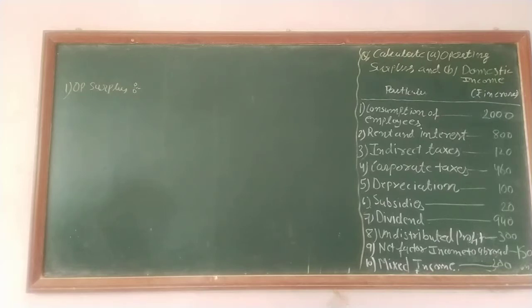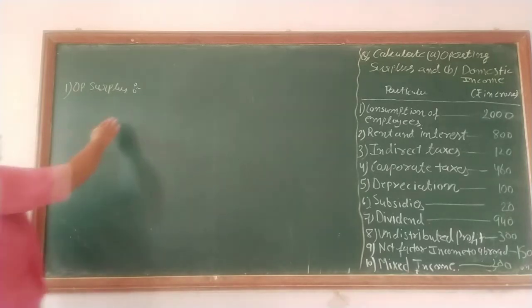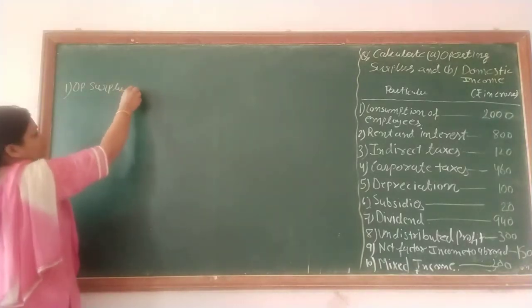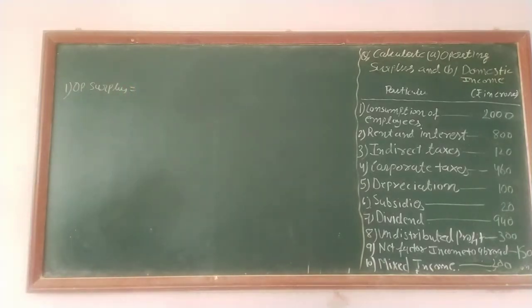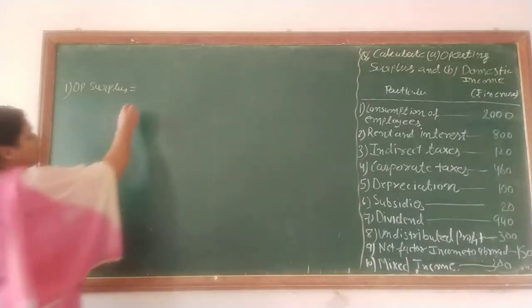Clear? So operating surplus equals rent plus interest plus corporate tax plus dividend plus undistributed profit. All these things are given to you.